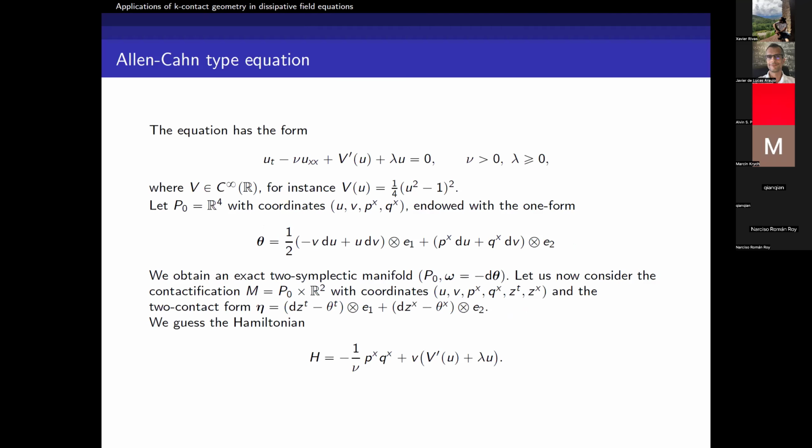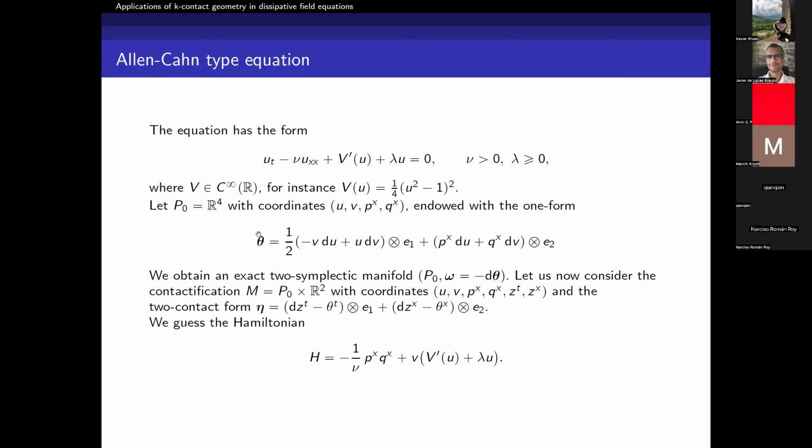So now we can talk about the Allen-Cahn type equation. That is a partial differential equation that looks like this. And for this one, we are constructing an adapted exact contactified two-symplectic structure.